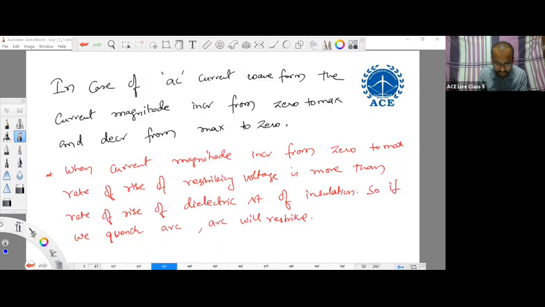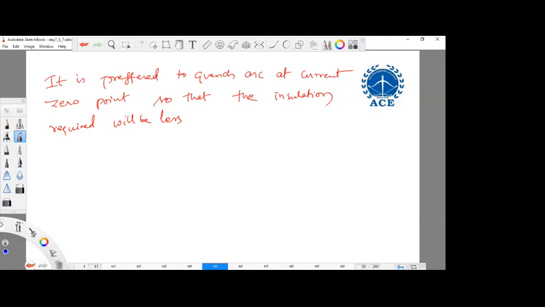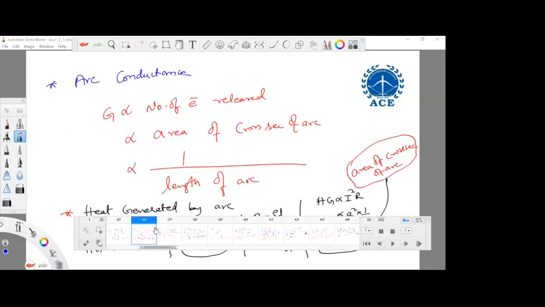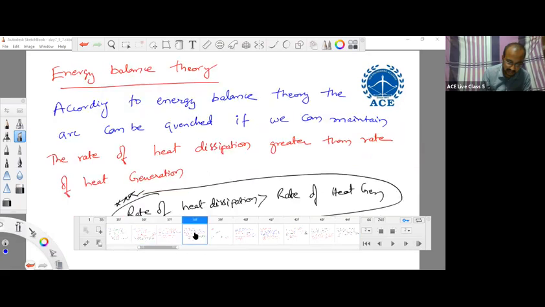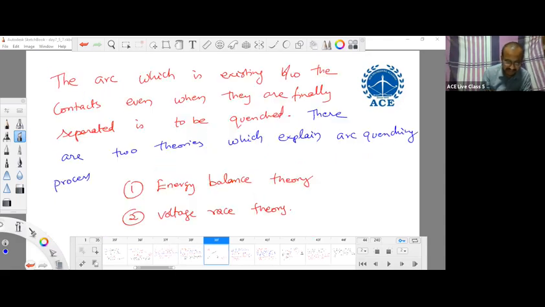Sir, another doubt. When the contacts are just separated and when separated by maximum distance, in both cases delta V is decreasing, sir. Delta V is less, I have indicated.